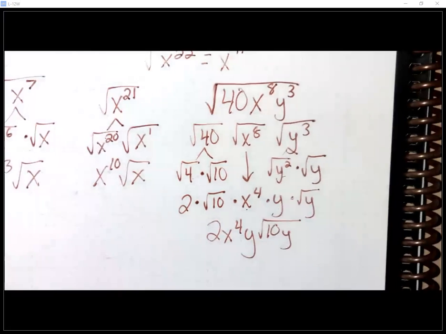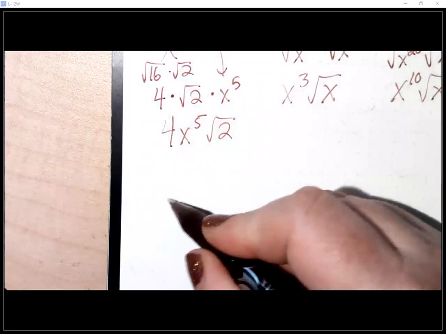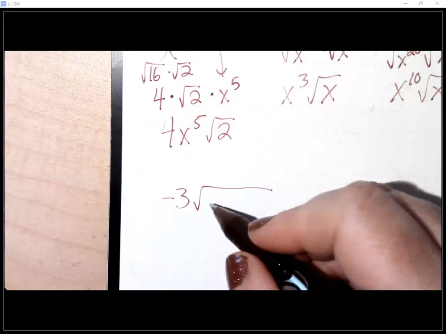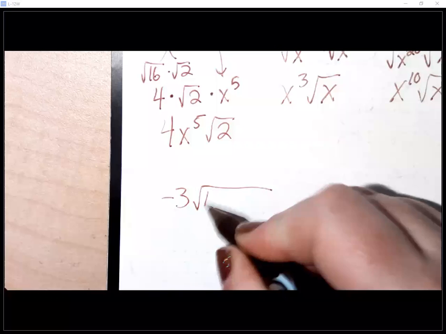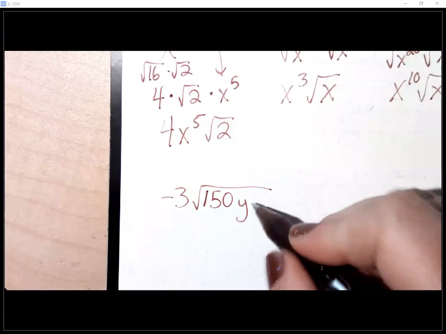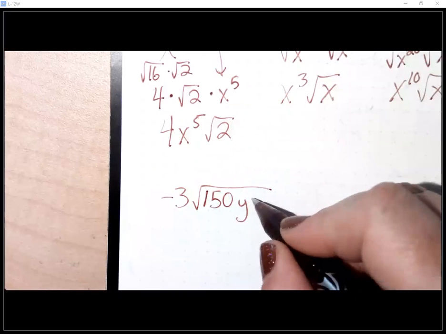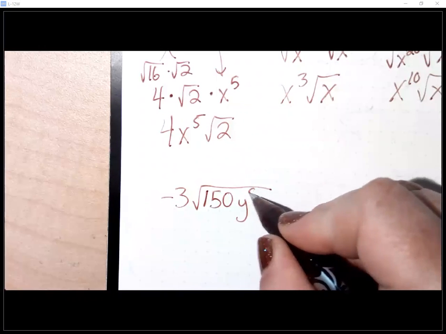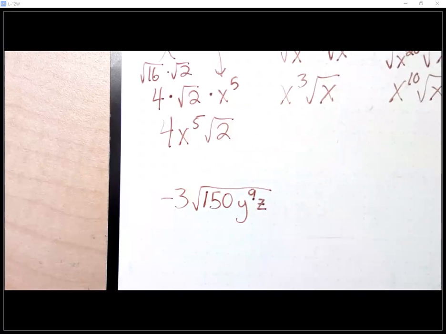What if I put a number out in front, like -3 times the square root of 150 y to the 9th z? See how you'll handle this one.